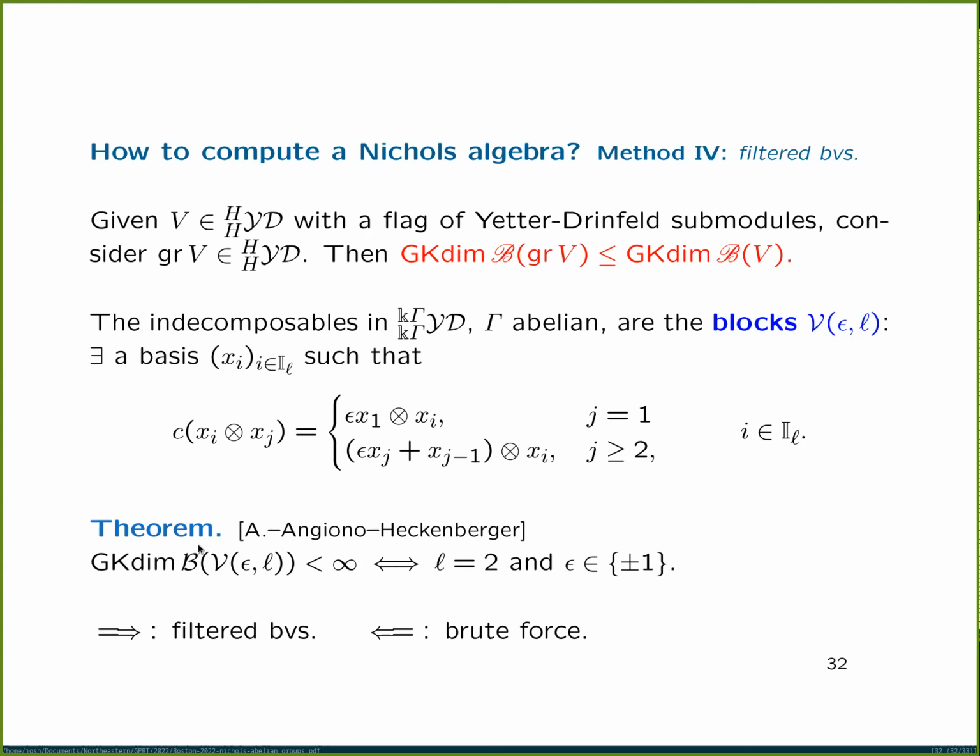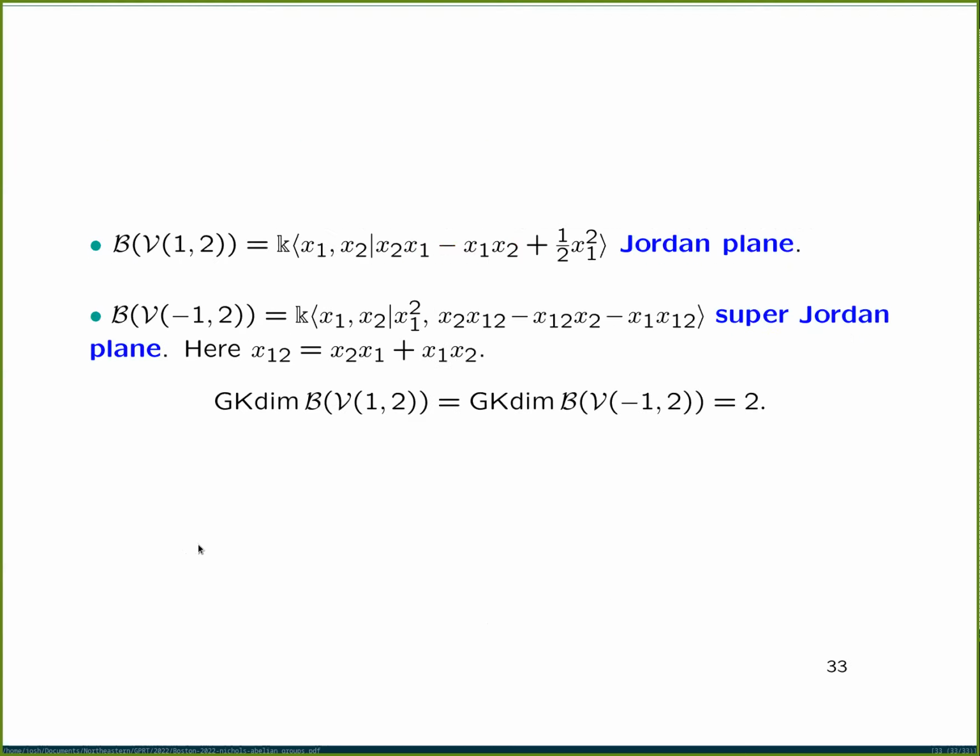And this implication, that in this case the Gelfand-Kirillov dimension is finite, is by brute force. I will show you in the next slide why. And the other implication is using filtered braided vector spaces. And since you allowed me to say this, the examples are the following.